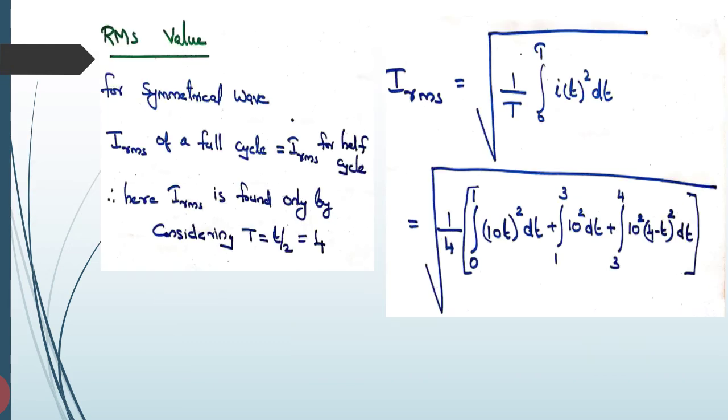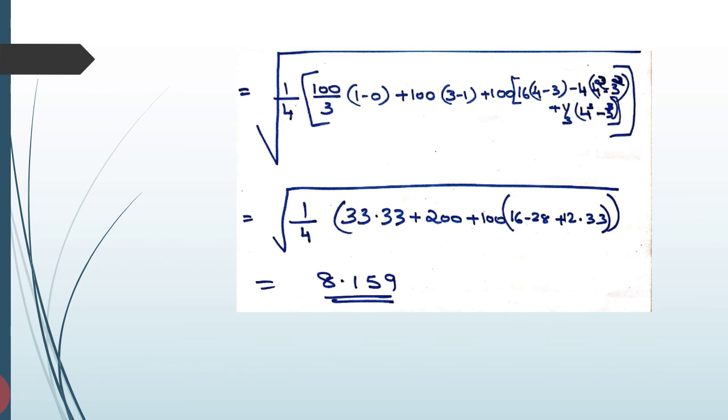For IRMS also you can substitute, that is, the squared value has to be substituted here. One thing to be careful about is that here it is 10 square into (4 minus t) square, so (a minus b) square has to be applied, and then you will obtain the equation. Substitute for the proper intervals and you will obtain 8.159. So this is about the RMS value.